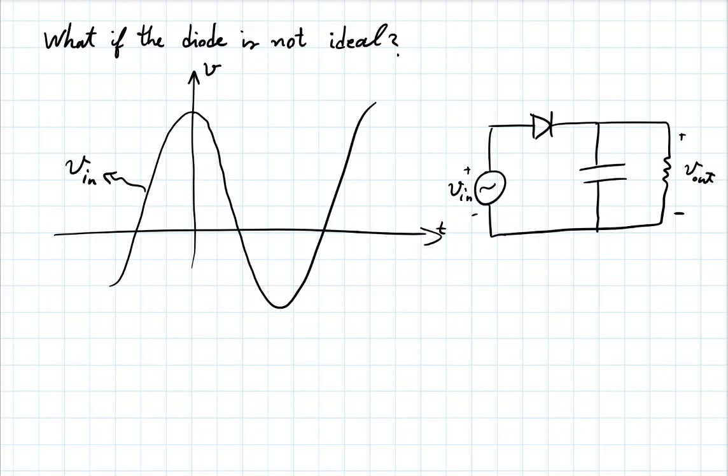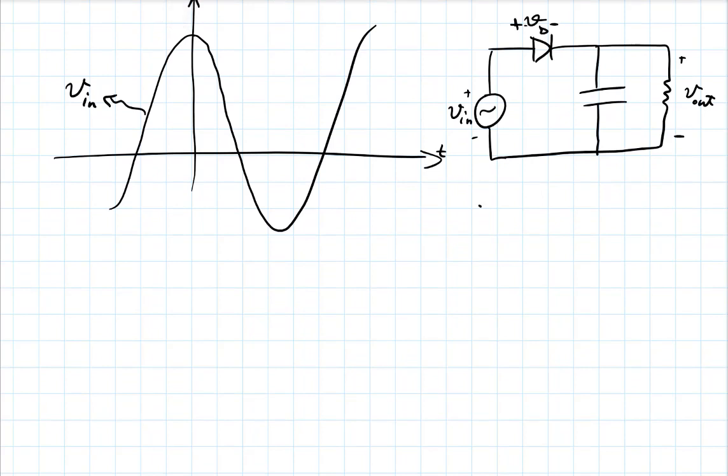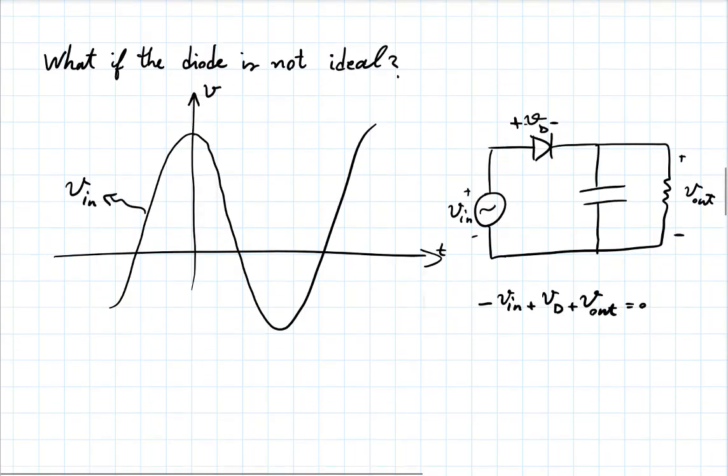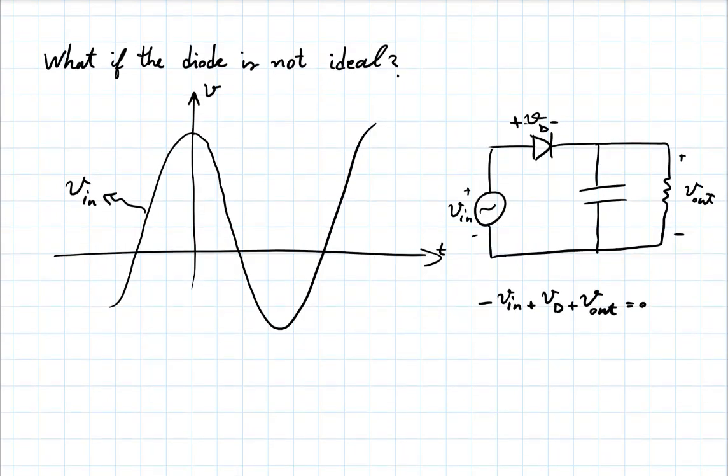Minus Vin plus Vd plus Vout equals 0. Okay?